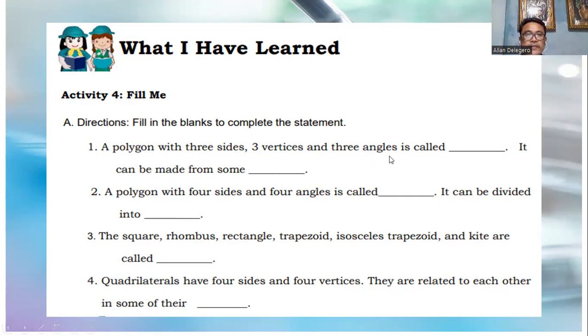A polygon with 3 sides, 3 vertices, and 3 angles is called triangle. It can be made from some quadrilaterals. Number 2, a polygon with 4 sides and 4 angles is called quadrilateral.